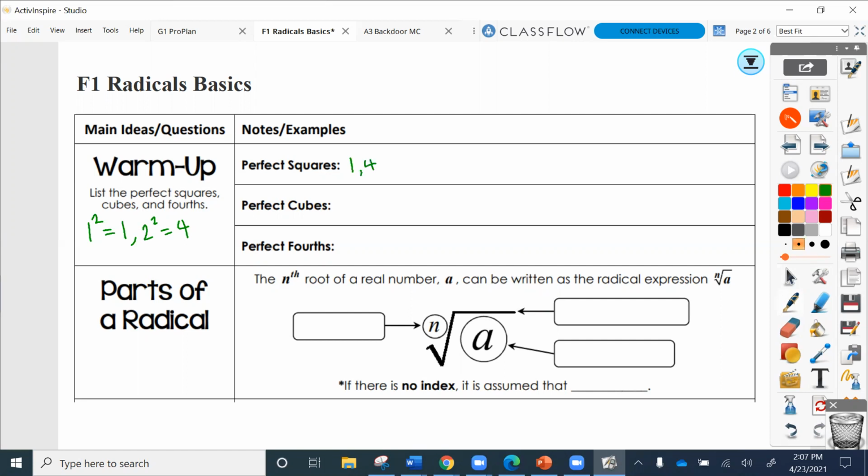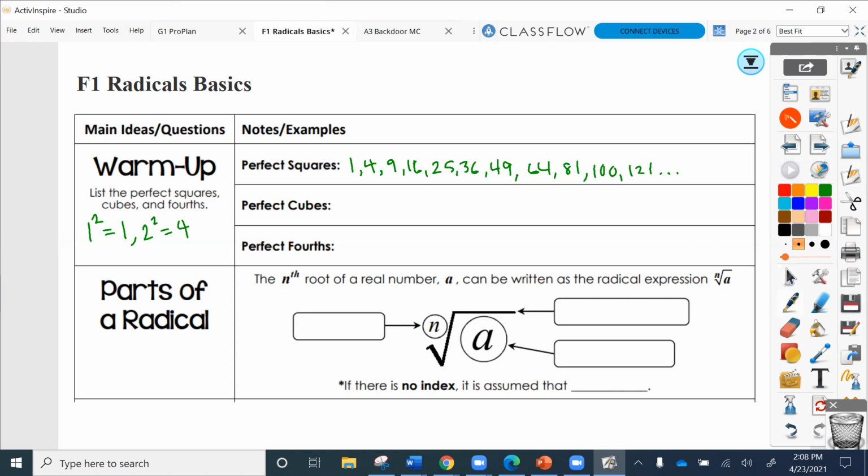If you did 2 squared, you'd get 4. 3 squared is 9, and so on. 4 squared, 5 squared, 6 squared, 7 squared, 8 squared, 9 squared, 10 squared, 11 squared, and so on. Now, it'd be good to have this list handy for our lesson here.